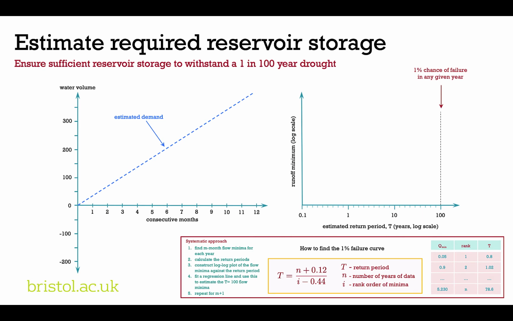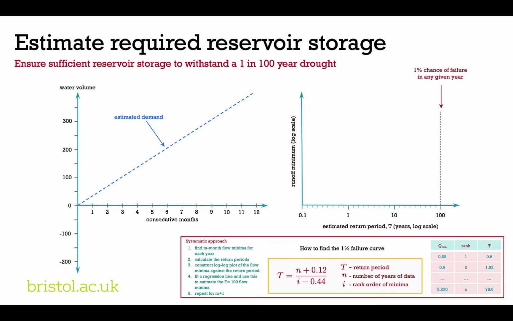And the way that you do that is that for each m month set of flow minima, you need to calculate the return period, and that's based on the number of years of data, and it's based on the rank order of minima. So you create a table like that we've got here at the bottom right of the rank order of the minima, and then you calculate from that the return period for each.